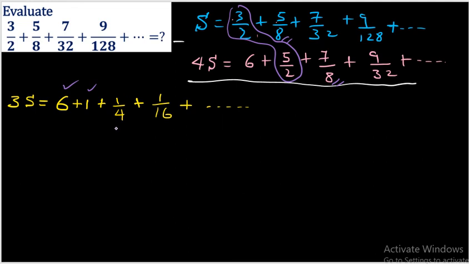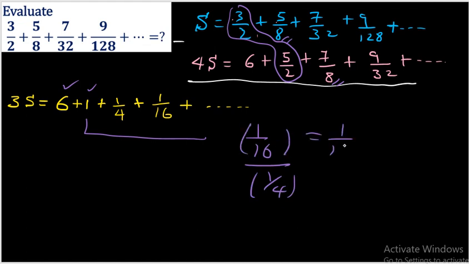Now try to observe what we have here, the remaining part. This is a geometric infinite series. The common ratio: 1/4 divided by 1 is 1/4. Again, 1/16 divided by 1/4 is the same as 1/16 multiplied by 4/1, so by 4, 1; this by 4, 4; the common ratio is 1/4.